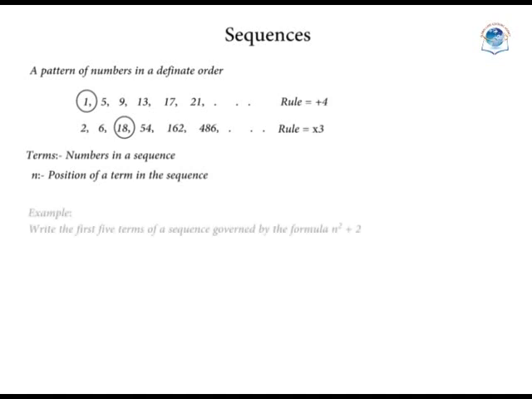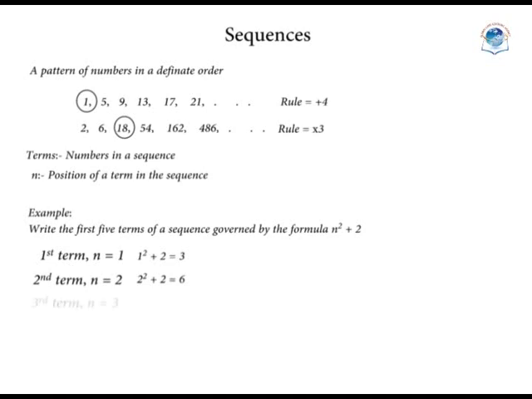For example, write the first 5 terms of a sequence governed by the formula n squared plus 2. For the first term, n is 1. Therefore, we have 1 squared plus 2, giving us 3. The second term, n is 2, and so 2 squared plus 2 is equal to 6.